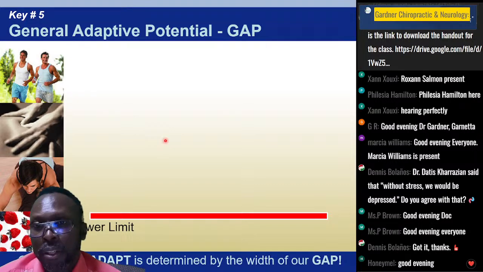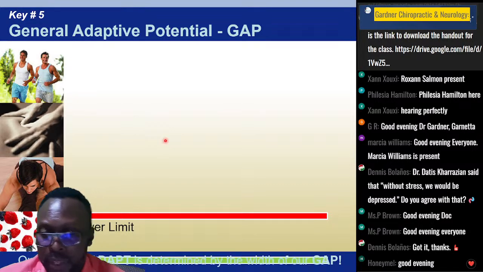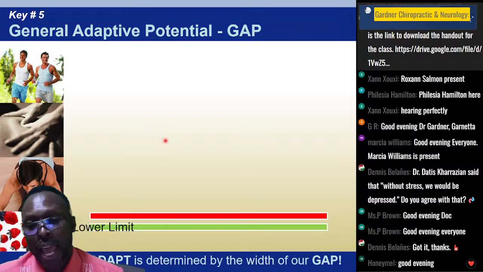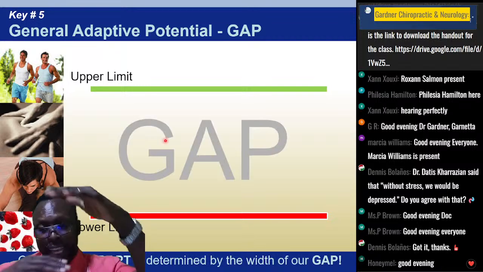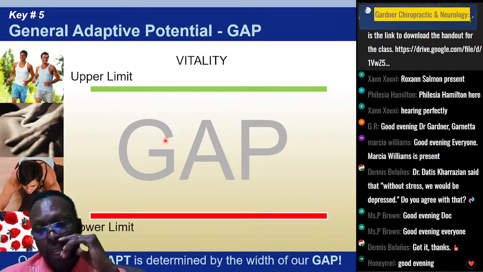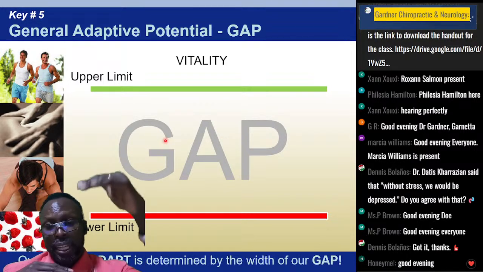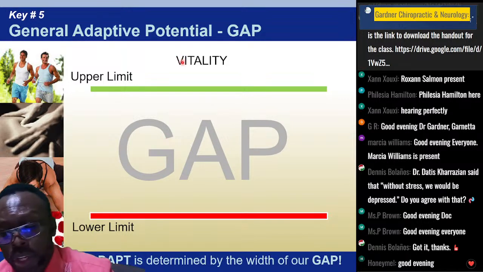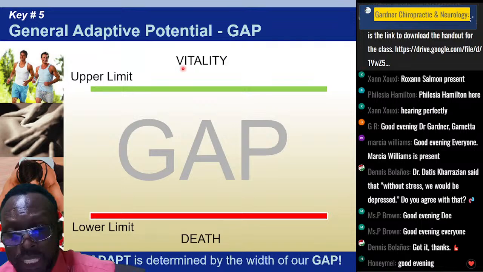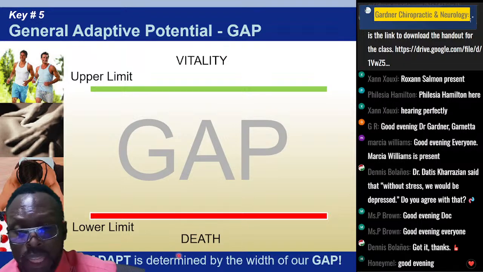Every gap has a lower limit and an upper limit, where the space between the two is the gap. The higher the upper limit is, the more it approaches vitality. The lower the upper limit is, the more it approaches death.